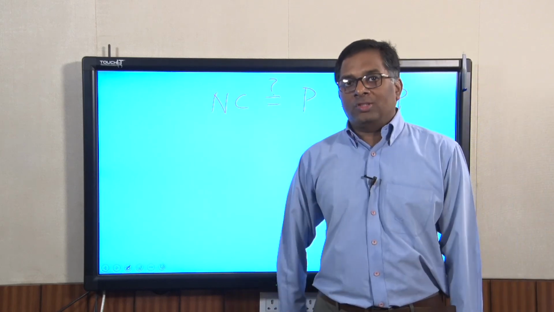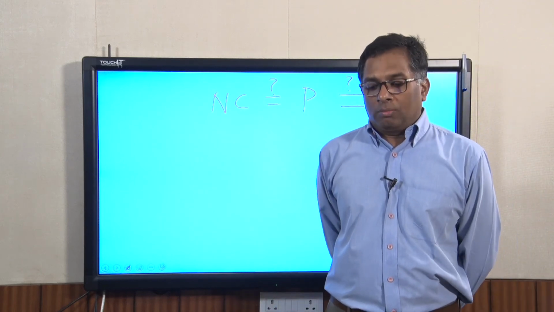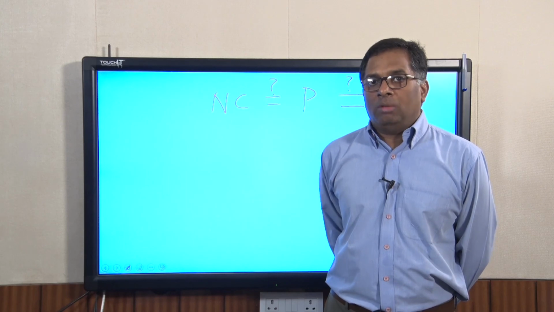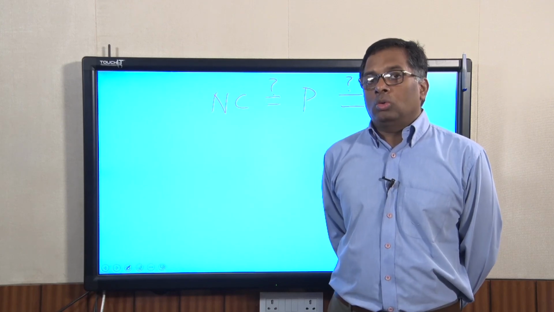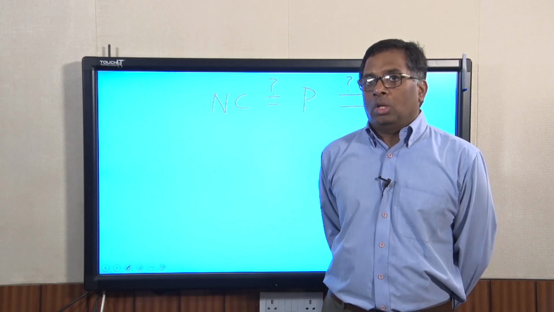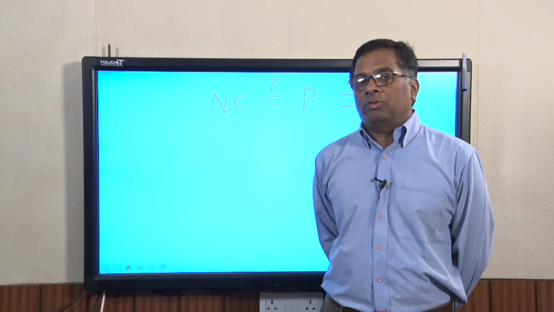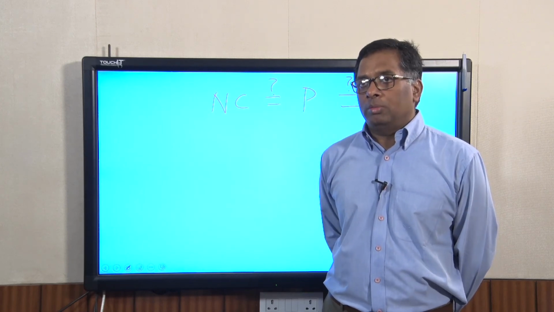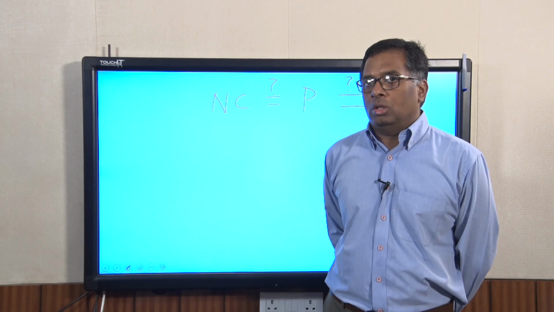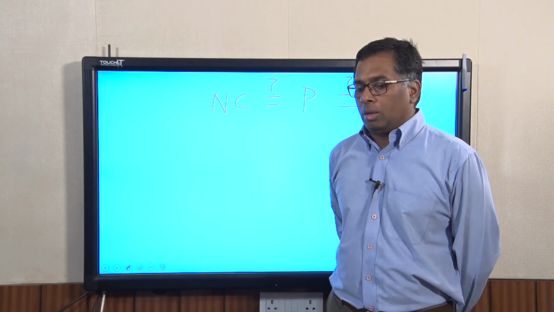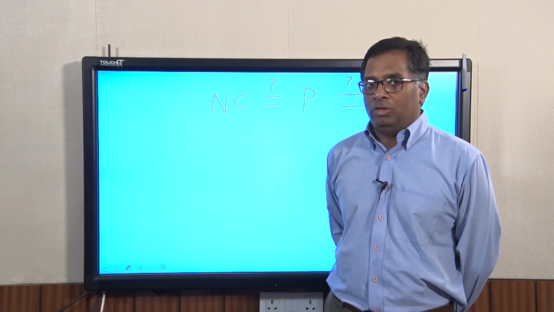In the next class, we shall see some reductions from some commonly encountered problems like depth first search, etc., to the circuit value problem, and that will establish that some of the very common, very easy to solve sequentially problems are hard for parallelization.